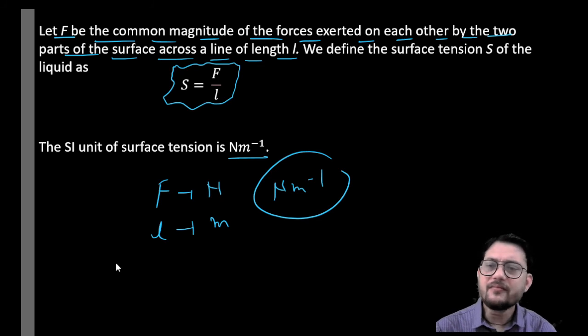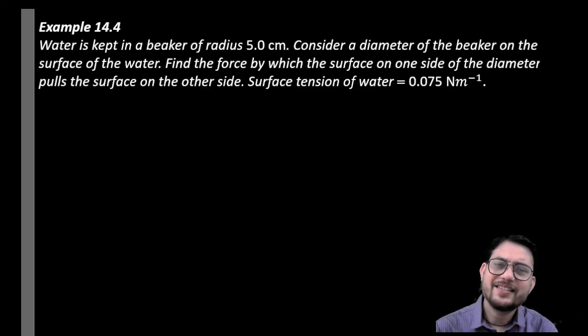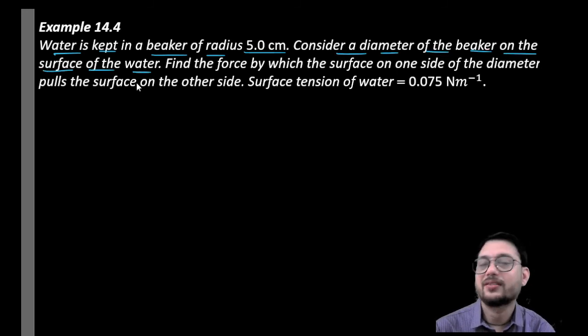Okay, now here is example number 14.4 from the book written by Sir S.C. Verma, Concept of Physics. In this question, firstly we read what is given here. Water is kept in a beaker of radius 5 centimeter. Consider a diameter of the beaker on the surface of the water.